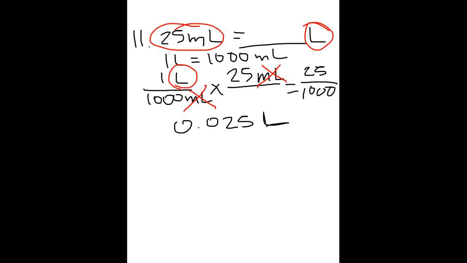Okay, number 13. So 16 milligrams, and we're converting that to micrograms. So then again, since we want micrograms, I'm going to put that as my units in my numerator.